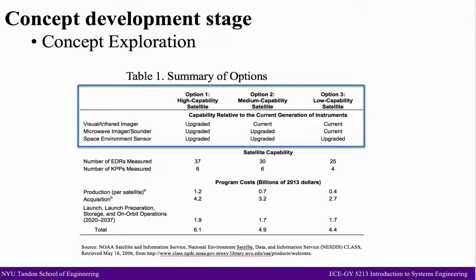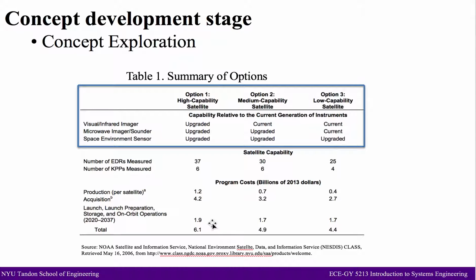So the IPO expected that the satellites in the first option would be capable of measuring about 37 EDRs, including all 6 EDRs that the Endpoints program has designated as key performance parameters.